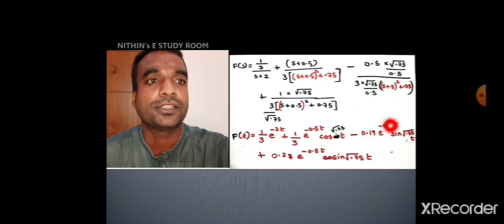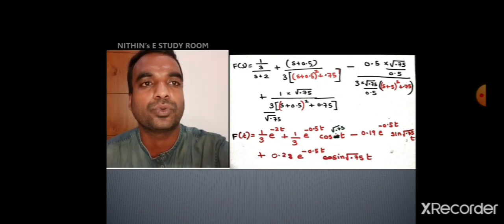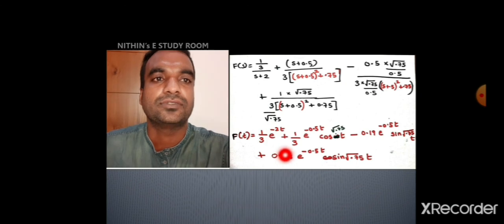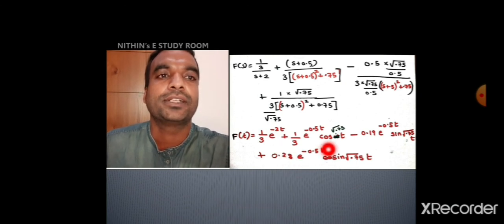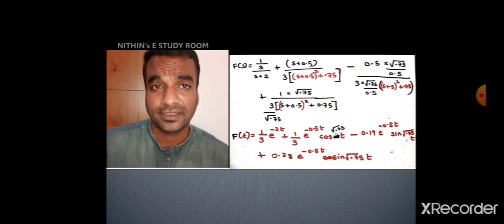So e raised to minus 0.5t sine root 0.75t. Plus the last one, please take this value because you have to do this 0.75 multiplication here, not division, it's a multiplication. So please take this value into shifting e raised to minus 0.5t and the total term is omega by s square plus omega square, it's a sine term, sine 0.75t.